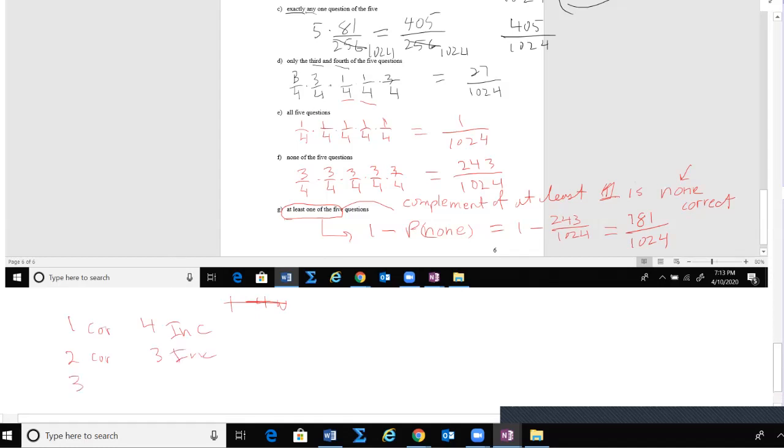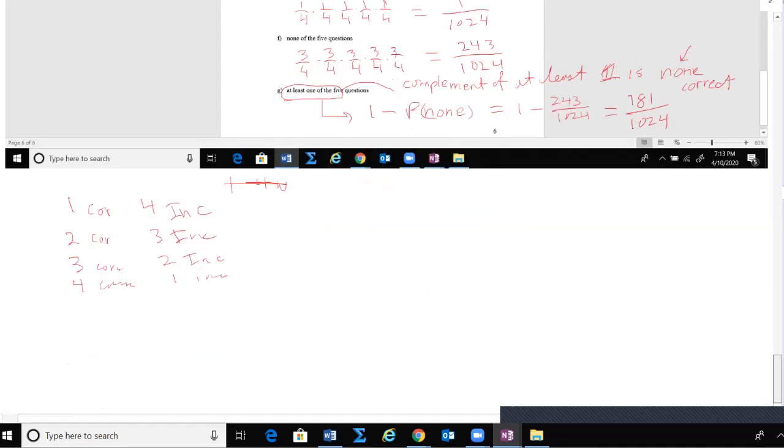You can have 3 correct, 2 incorrect. You can have 4 correct, 1 incorrect. So all those mean at least 1. And then you can also have 5 correct with 0 incorrect.